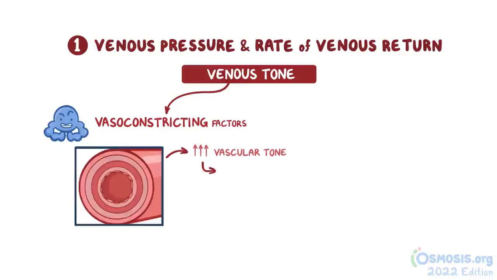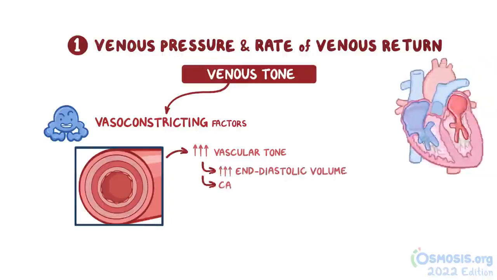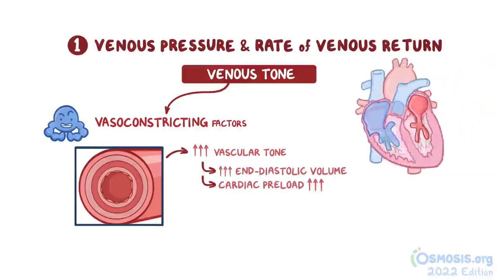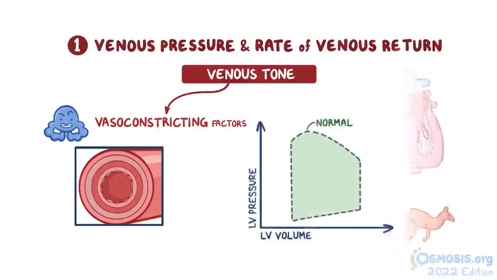Eventually, this leads to an increased end diastolic volume and therefore increased cardiac preload, which helps send more oxygenated blood to organs and tissues. This might come in handy if a pack of kangaroos started chasing you at the mall. And if we look back at our pressure-volume loops, increased left ventricular pressure and end diastolic volume, and the resulting increased cardiac preload, shifts the loop to the right.